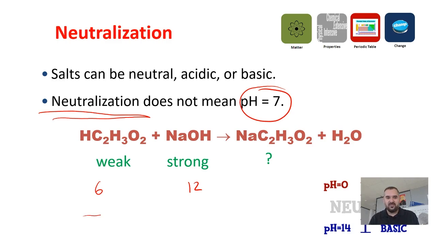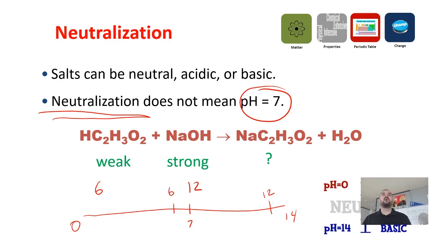So here's our pH scale. Let's draw out the pH scale. So it goes from 0 to 14. 7 is right here. And then we're combining a 12. So 12 is right here. And then we're combining it with a 6, which is right here. So what's our resulting pH going to be? Is it going to be acid or base? It's going to be base.